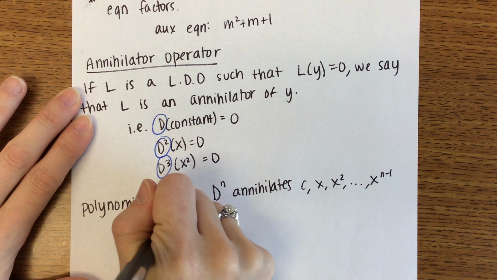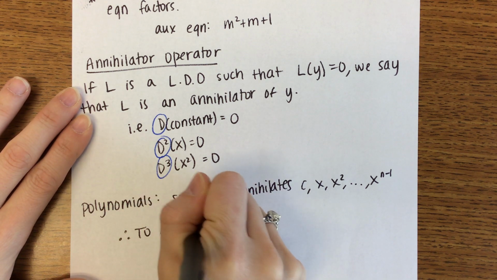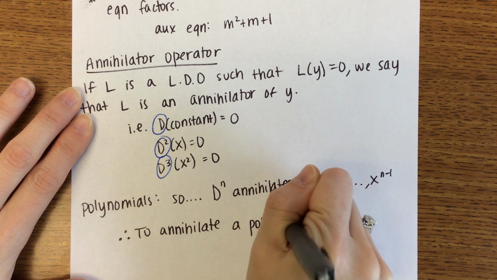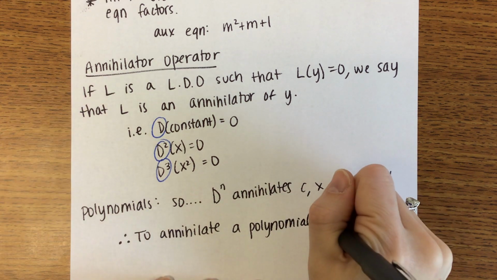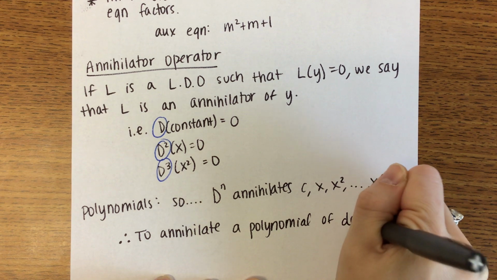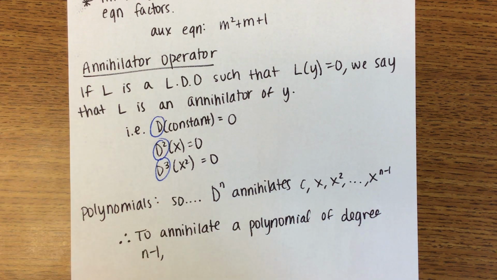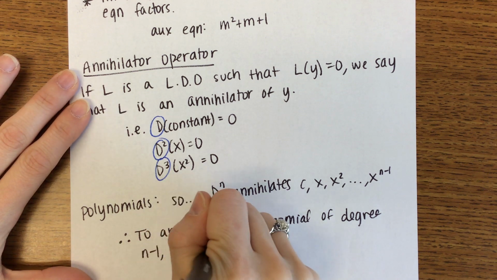Therefore, to annihilate a polynomial of degree n minus 1, you will use D to the n.